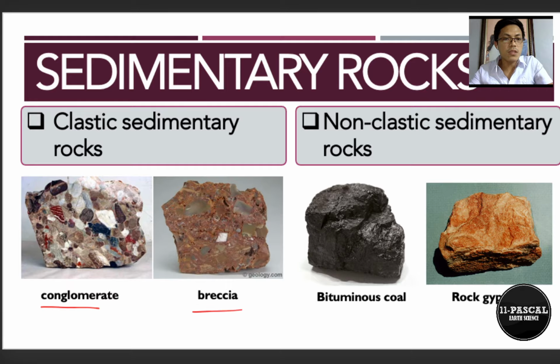The difference between the two is that conglomerate has round pebbles embedded in the matrix, while breccia has sharp, edgy pebbles or stones embedded in the matrix.